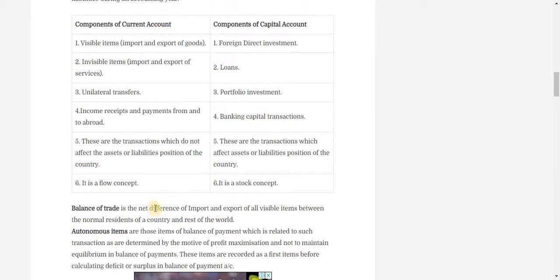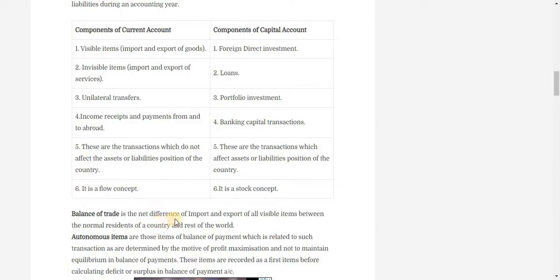Balance of trade. It is the net difference of import and export of all visible items between the normal residents of a country and the rest of the world. Autonomous items are those items of balance of payment related to transactions determined by the motive of profit maximization and not to maintain equilibrium in balance of payments.